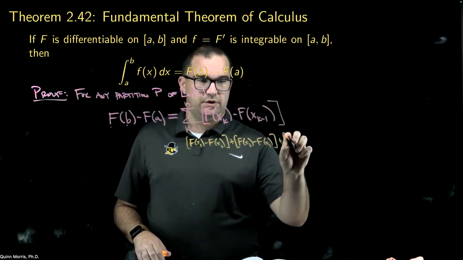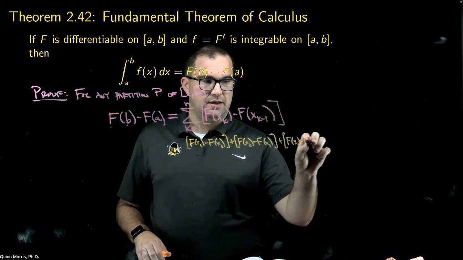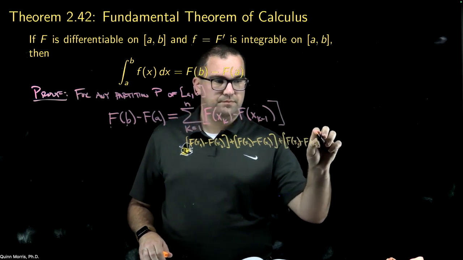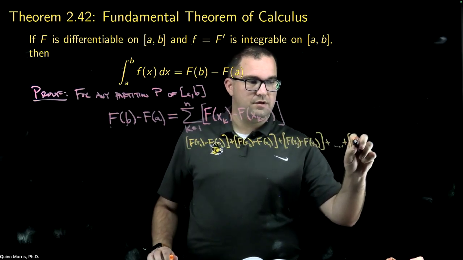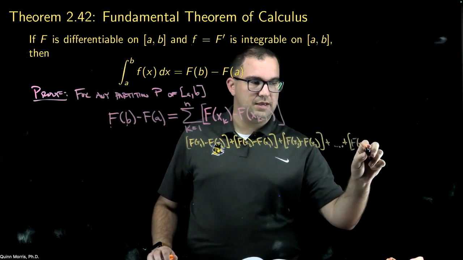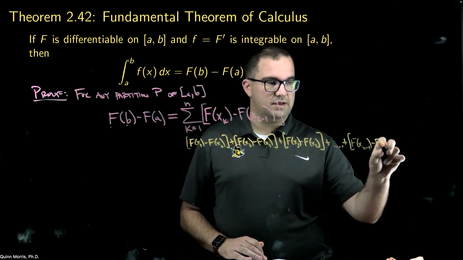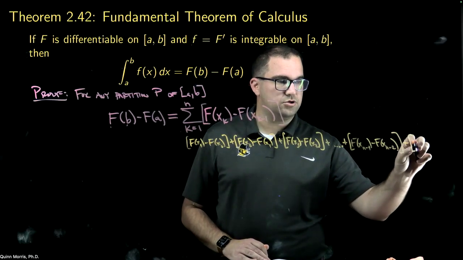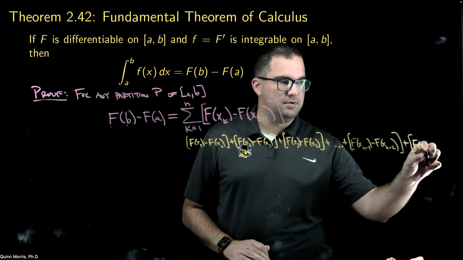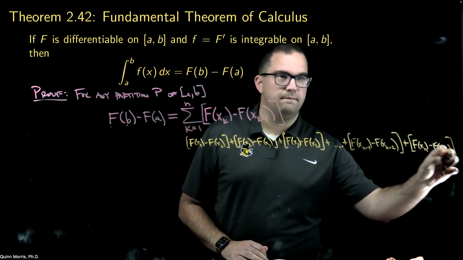When k is equal to 3, I'd get F(x_3) minus F(x_2). I can keep going. Eventually I'd get F(x_{n-1}) minus F(x_{n-2}), plus my last term, F(x_n) minus F(x_{n-1}).